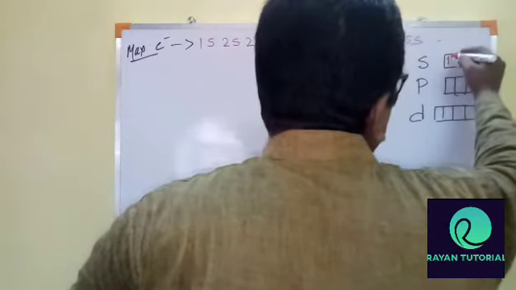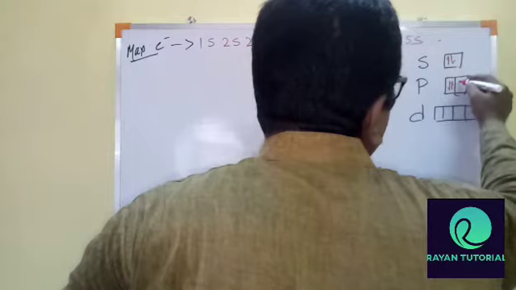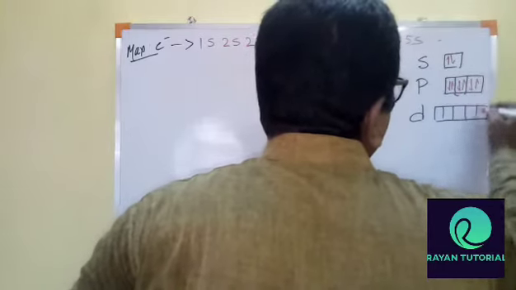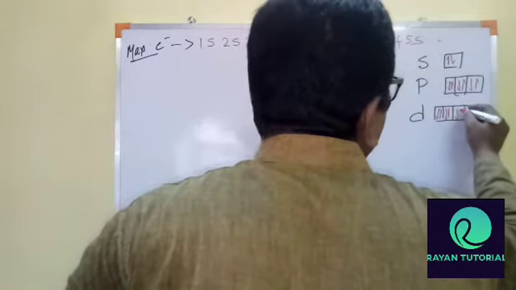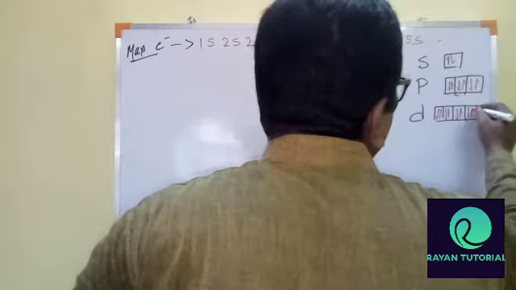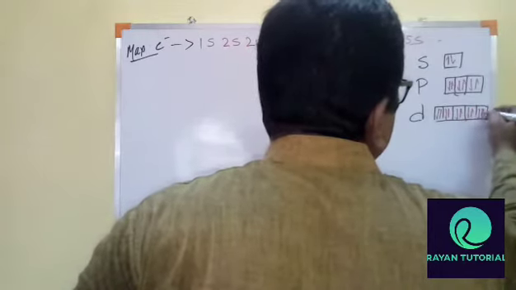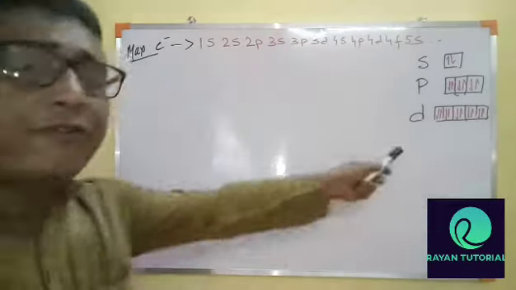So this is one, this is one, and d has five places. And f is 14.